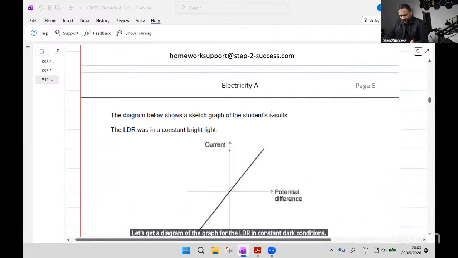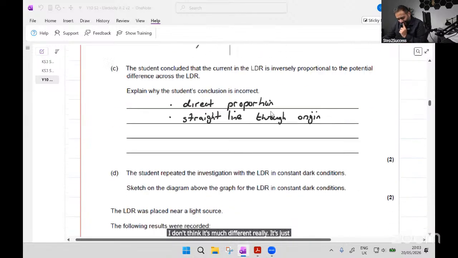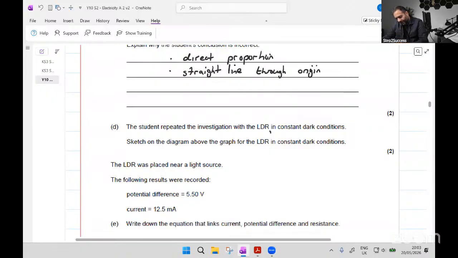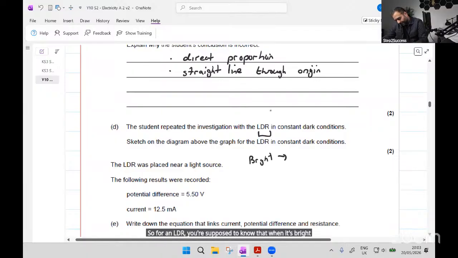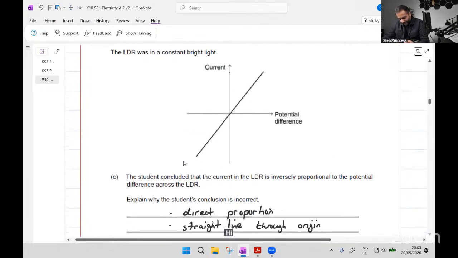I don't think it's much different, really. The point of this is that if it's constantly dark, for an LDR you're supposed to know that when it's bright, the resistance goes down, and when it's dark, the resistance is high. How does that affect this graph?